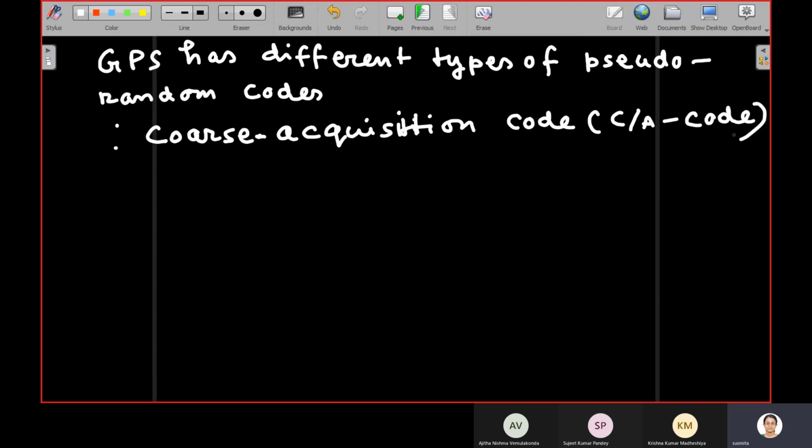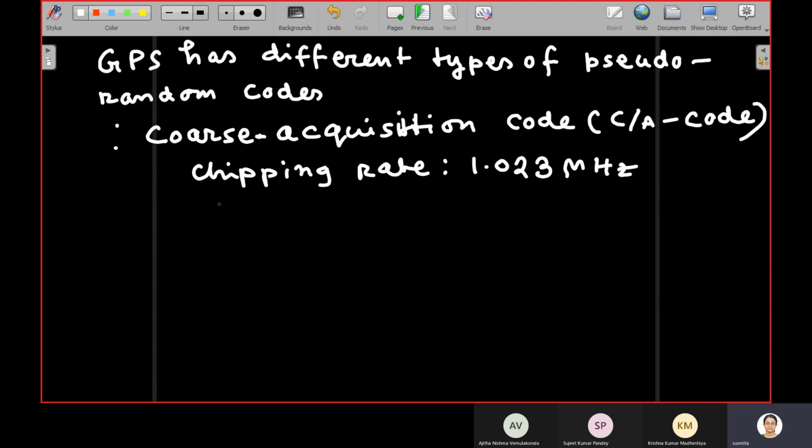CA code, its chipping rate is 1.023 megahertz. Code period is 1 millisecond. This is the simplest of all codes, and we are going to talk about the receiver operating principles for this code only.